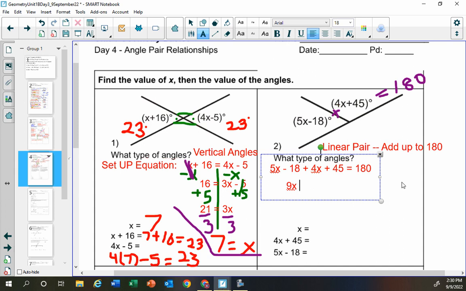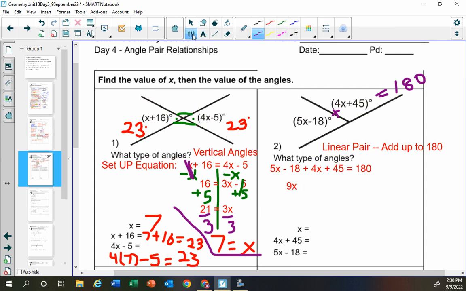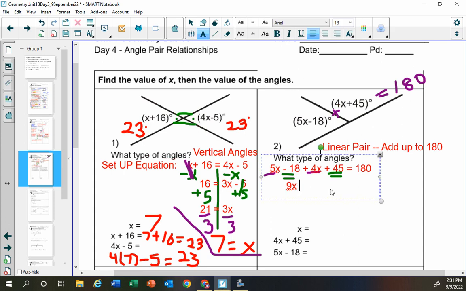Combine those like terms. Besides a 5x and a 4x, what else are we going to combine? Yup, you got to combine these guys. Good. I like how right away you said we have to combine like terms.